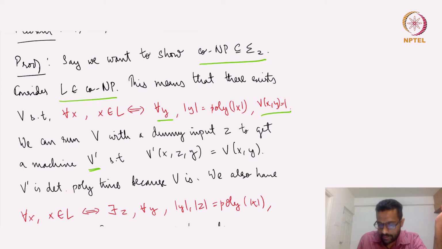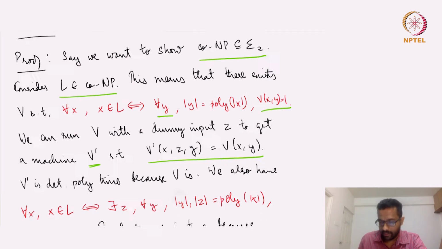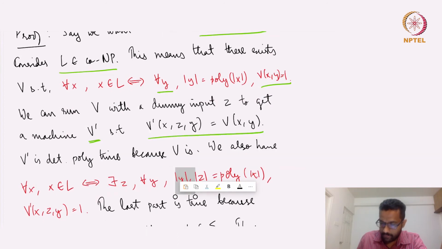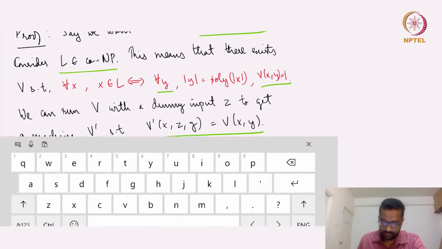V'(x, z, y) is simply defined as V(x, y), which means that if V' gets x, z, y as inputs, it just simply runs V on x and y, it just ignores z, so it doesn't really matter what z is. And since it simply runs V, which is deterministic polynomial time because L is in co-NP, V' is also deterministic and polynomial time.